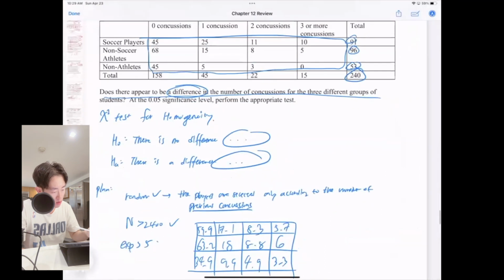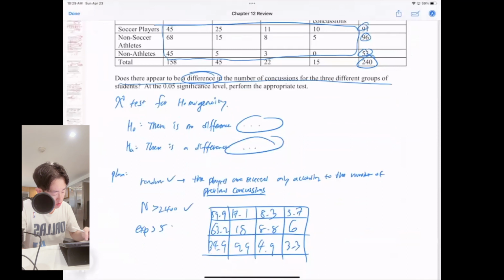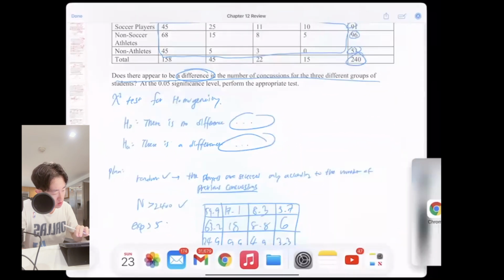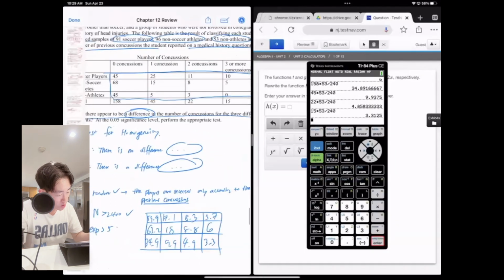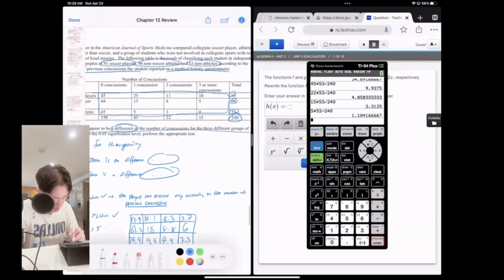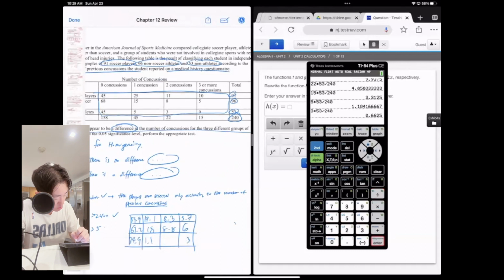Oh, actually, wait a minute. We might have made a mistake with 45, and I'm supposed to do 5 times 53 over 240. Right, so these numbers are not correct. So that's 1.1, and that's 3 times 53 over 240. That's 0.7, and the last one here should just give you 0 because that's 0 right there.